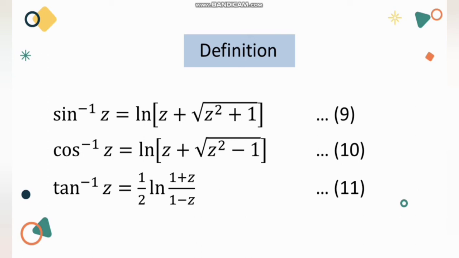And then the definition for cosh is cosh inverse z equals ln of z plus square root of z squared minus 1.